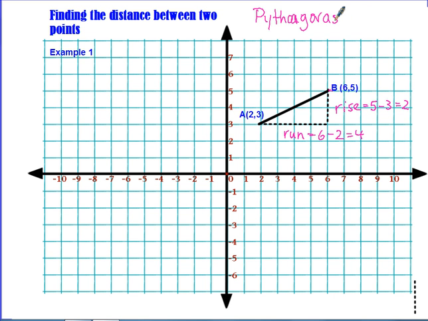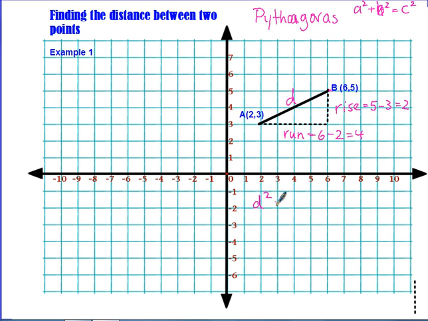Pythagoras. Anyway, Pythagoras said that if I square the 2 short sides and add them together, it will be equal to the square of the hypotenuse, or the long side there. So the distance that we're looking for, we'll call this d.